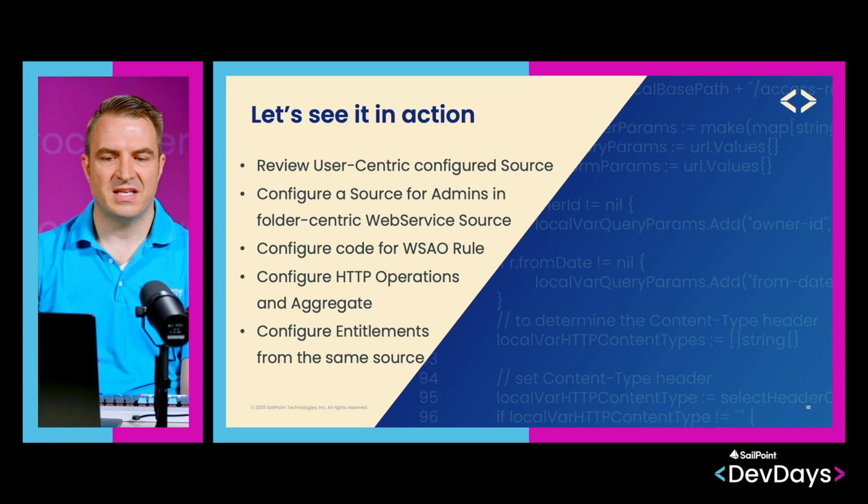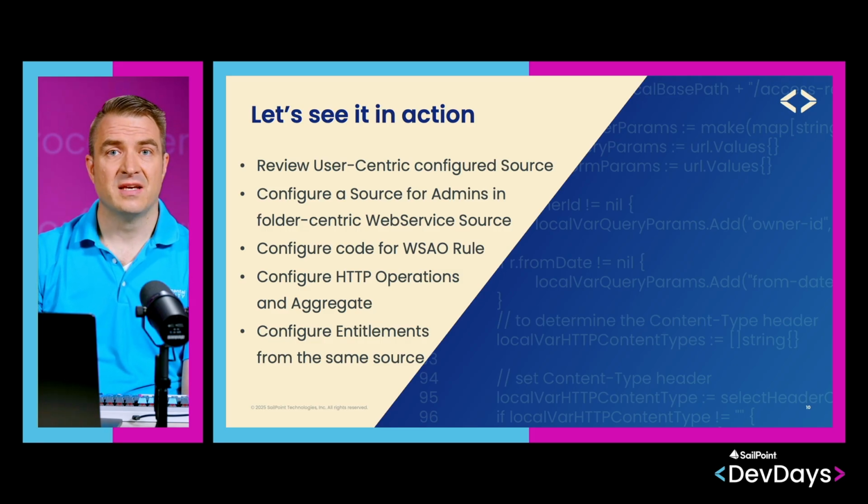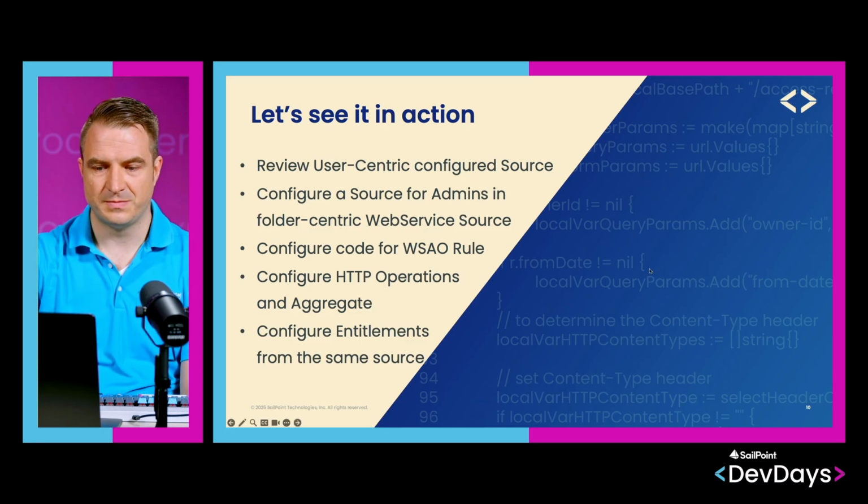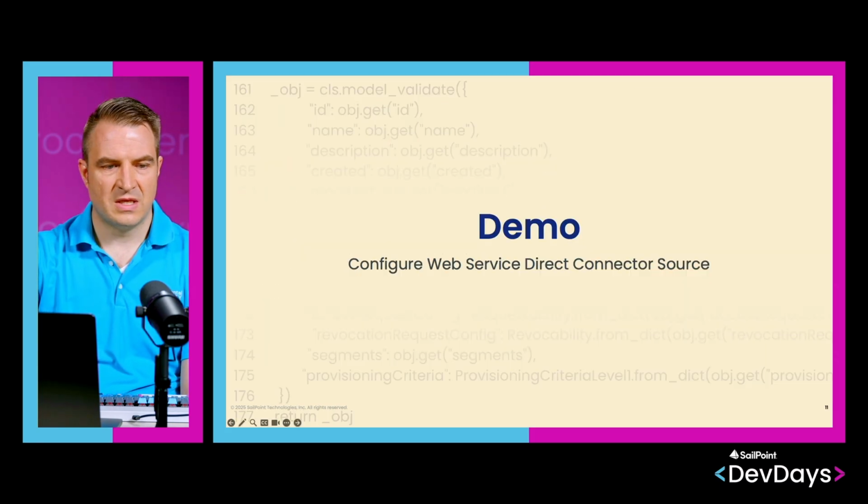And then lastly, we will jump back into ISC and I will aggregate the data so that we can see how the data gets pulled back in and how it will look when you have it. And if there's time, I'll do the same thing for the entitlements. So you can see there's a little bit of a nuance, but you can do the same thing for entitlements as well. All right, let's get on to the demo.